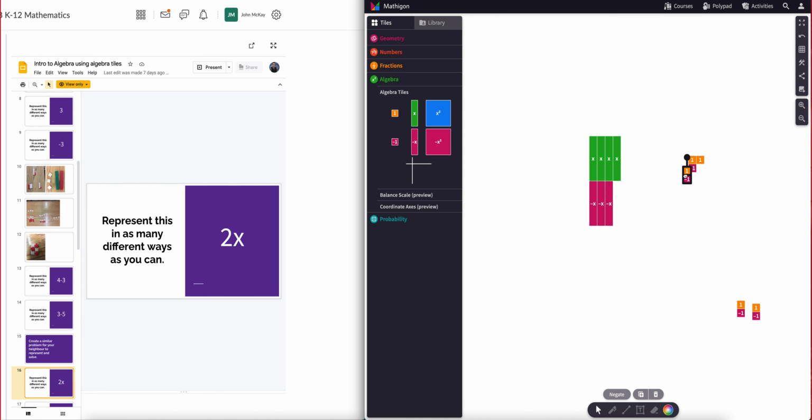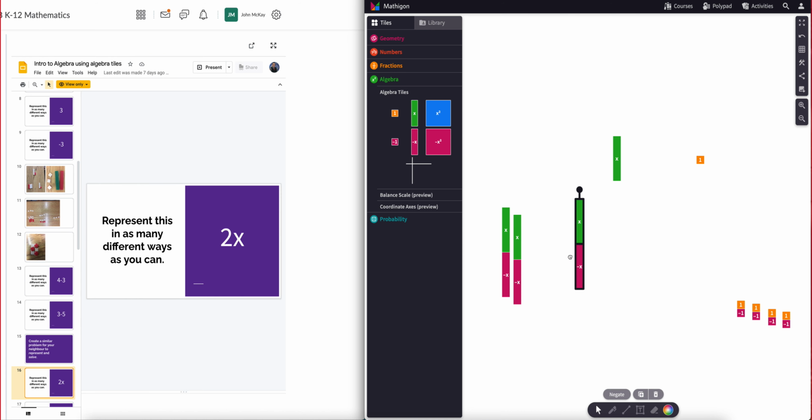This looks like a 0 pair, that can go away. And this looks like a 0 pair, that can go away. Right? Well, same thing here. Look at this. That looks like a 0 pair. Move it. Move it. Move it. What are you left with? You're left with 1x and then a positive 1.